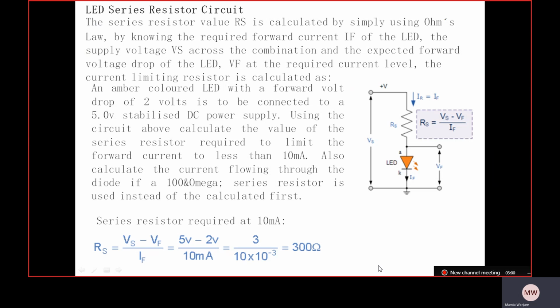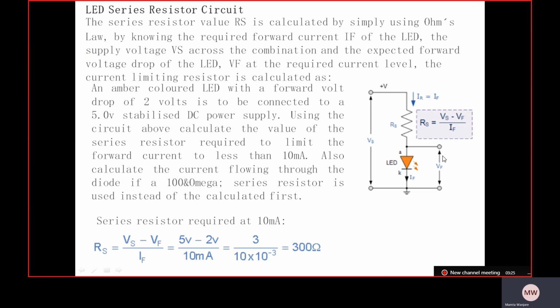resistor is calculated. Suppose an amber colored LED with a forward voltage drop of 2 volt is to be connected to a 5 volt stabilized DC power supply. Using the circuit above, calculate the value of the series resistor, and for that we consider 10 milliampere as the forward current.